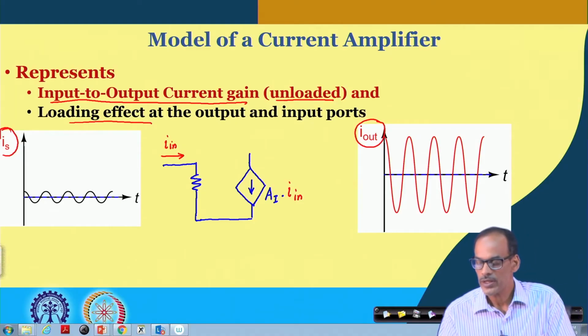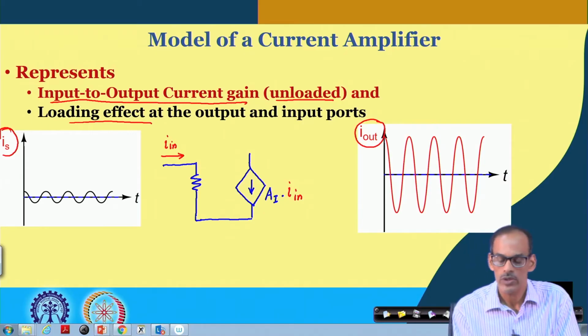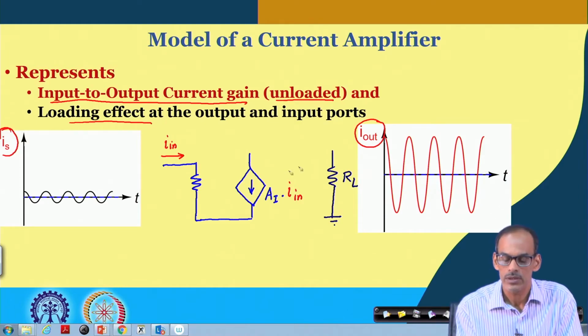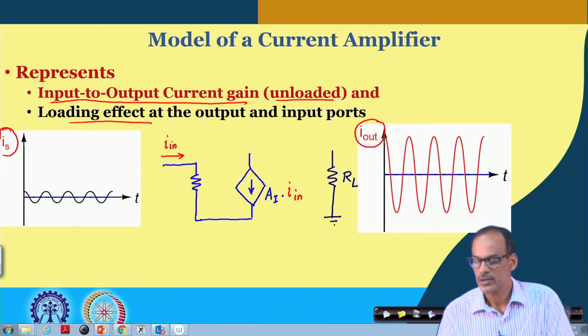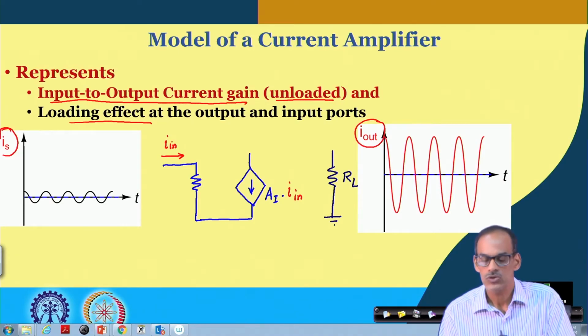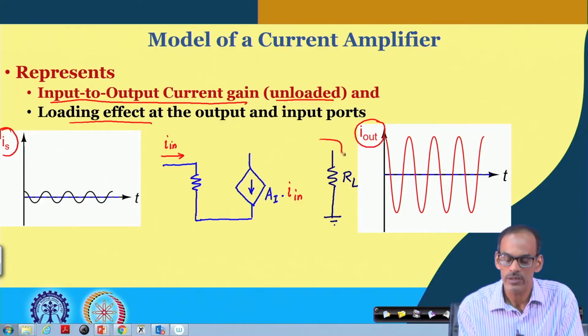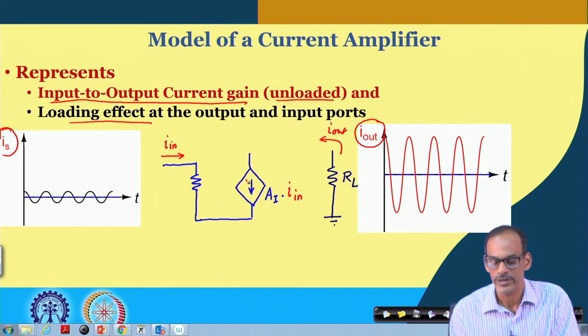Now, the moment we connect a load at the output instead of directly shorting it, so if I have a finite resistance at the output, it is expected that practically the current flowing through this circuit may not be the same as the internal current. So, whatever current we see here, called I out, need not be the total current we are getting here.